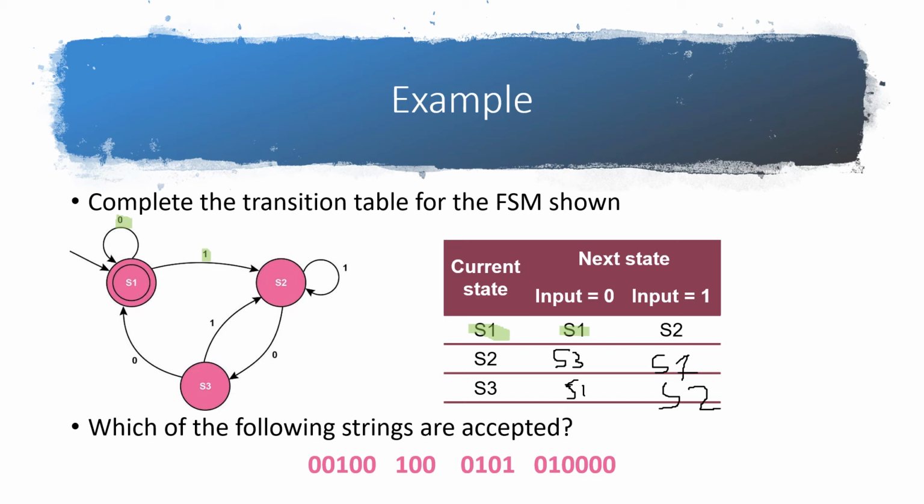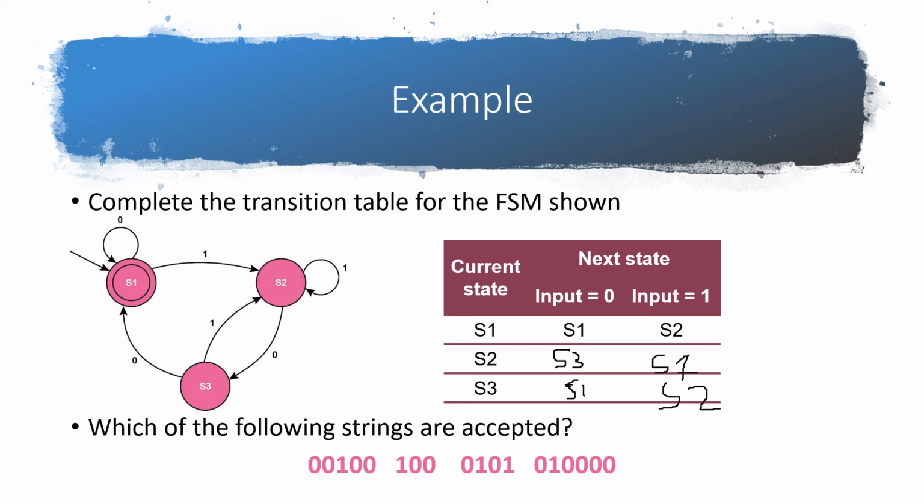transition table. And then the last bit: which of these strings are accepted? Remember, the accept state on here is S1, and the start state is also S1.